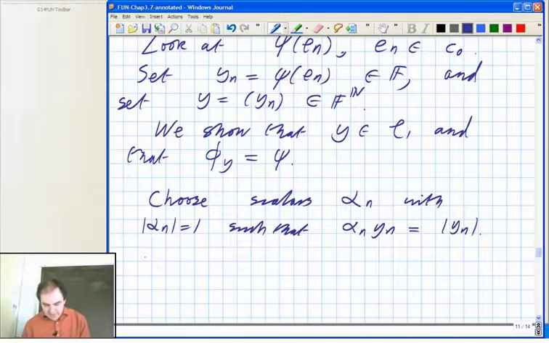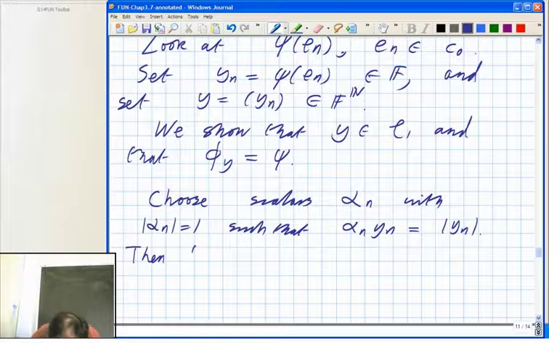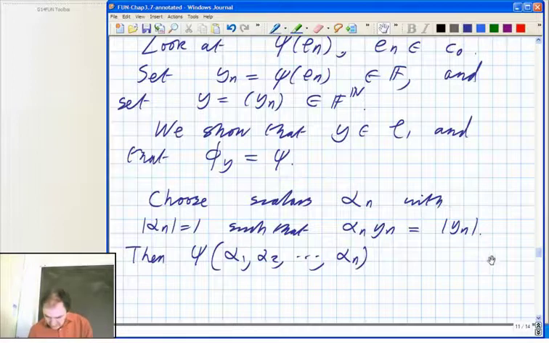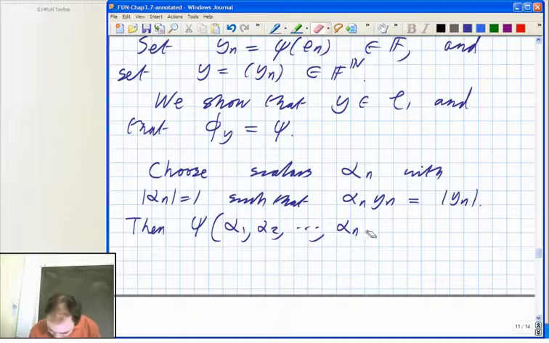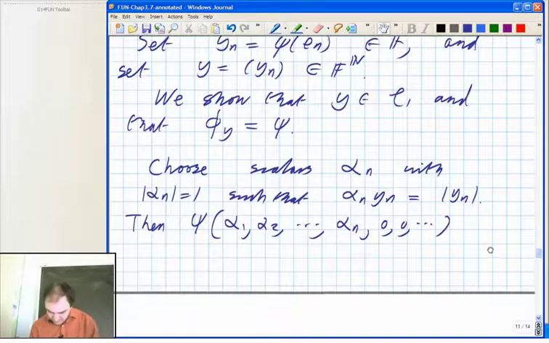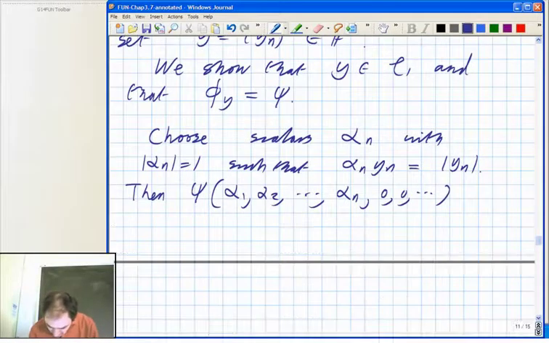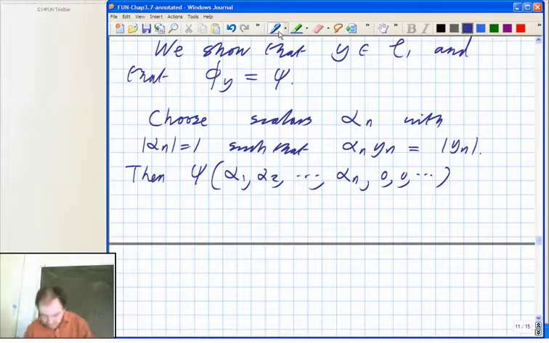And now let's again have a look at what psi does to the sequence alpha 1, alpha 2, up to alpha n, and then it has to carry on with 0, 0, 0. But that's just a nice linear combination of the e's.